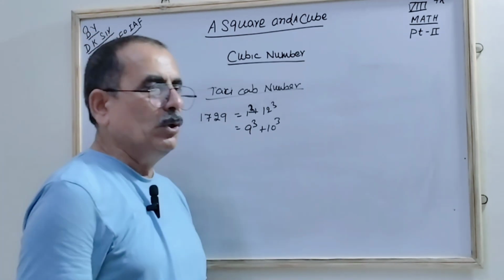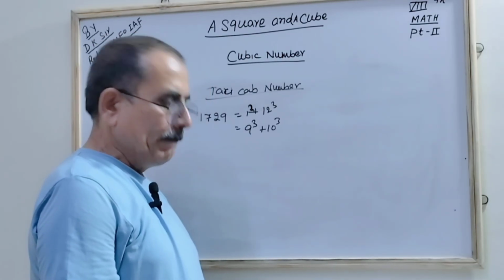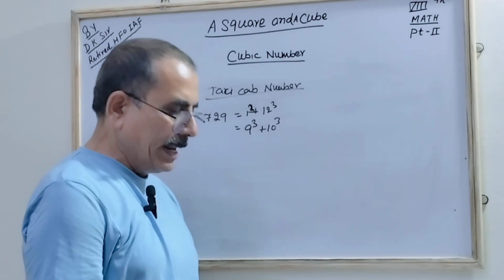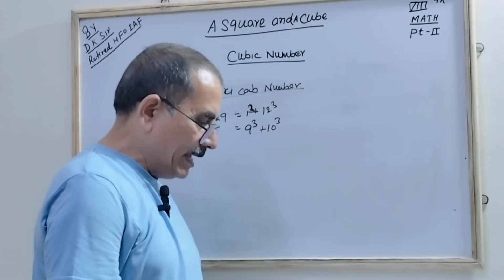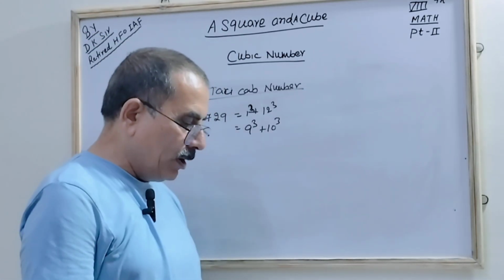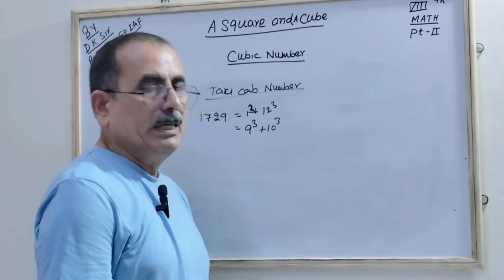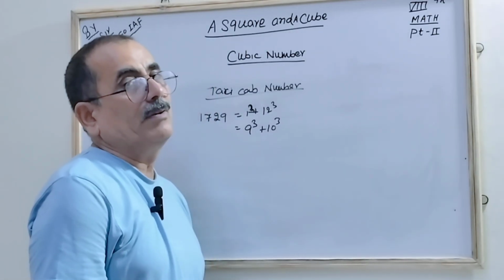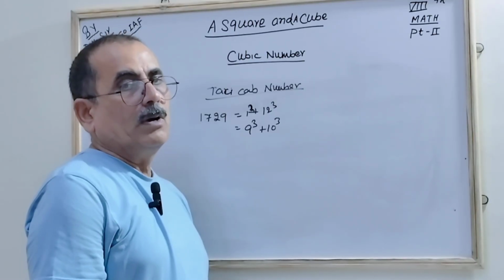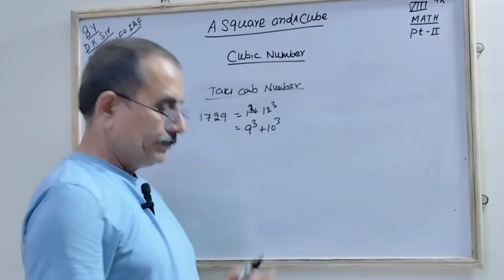He said it is a very dull number. Then Mr. Ramanujan replied, no Hardy, it is a very interesting number, because it is the smallest number that can be expressed as the sum of two cubes in two different ways, correct?